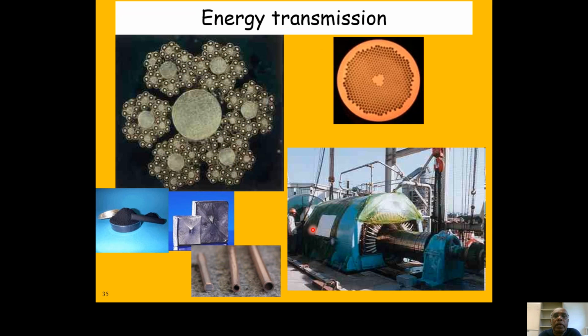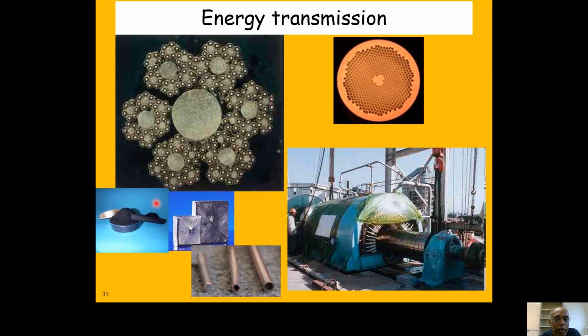Another, I think the most celebrated application people are thinking about, is energy transmission, right? If you can make cables from these high TC superconductors, you can transmit power without loss of energy, because you don't have that energy loss due to heating, because of the zero resistance.